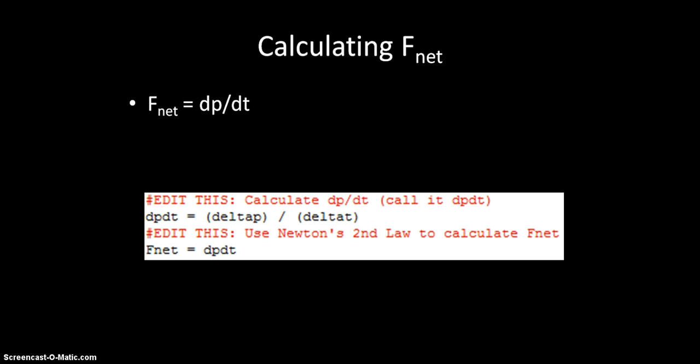Now that we have our equations and our calculations down, all that is left to do is plug in these values to our computer program that will approximate the mass of the black hole for us. As you can see here, the net force has been entered into the program as delta P over delta T, or the change in momentum over the change in time.